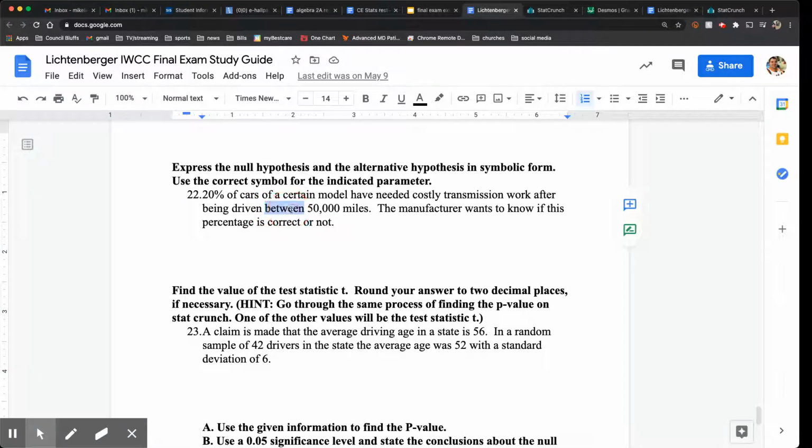Okay, that's actually a typo there. The manufacturer wants to know if this percentage is correct or not.